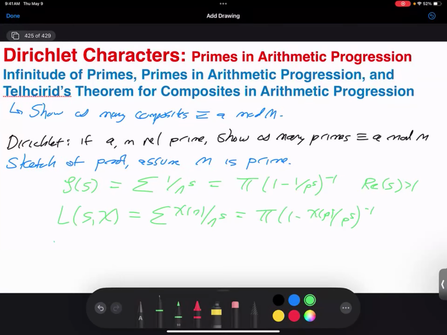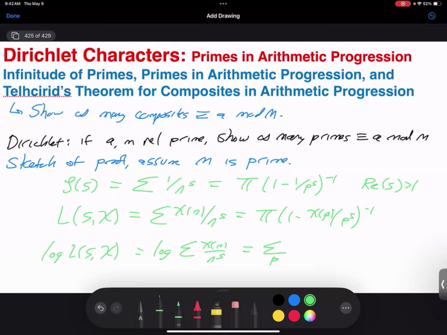If I look at the log of L(s, chi), this is going to be the log of the sum of chi of n over n to the s. It's going to be a sum over primes of the log of that. Well, the log, I'm going to get a negative sign coming out. I'm going to Taylor expand as before.